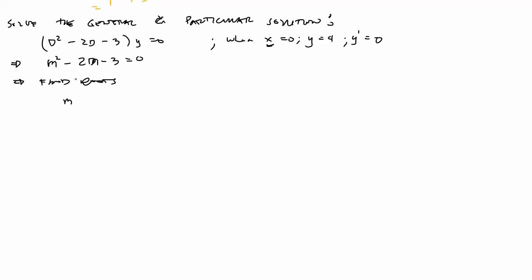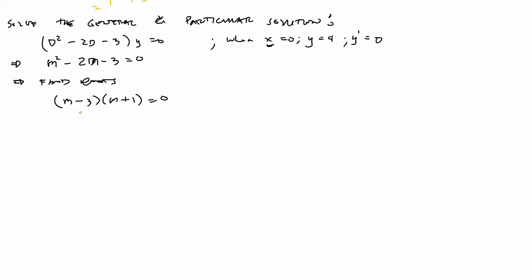We need numbers that, multiplied by each other, give negative 3, and added give negative 2. So, of course, we have m minus 3 and m plus 1 is equal to 0.